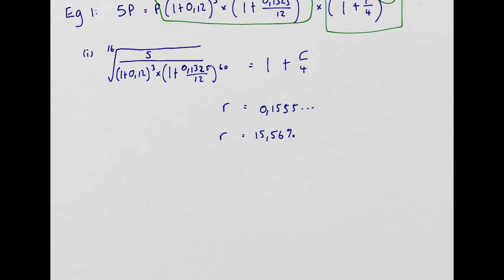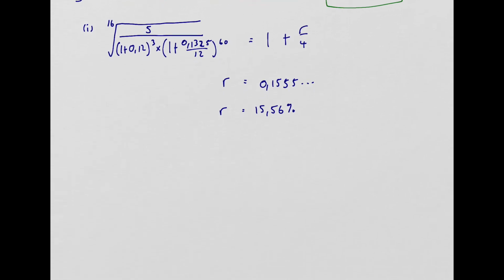Right, for question 2, they ask now what is the effective annual rate over the 12 years. The effective annual rate means that over the 12-year period, we now want to see what the rate is if it was compounded annually that would yield the same result. So that means we're still going to end up with 5 times our investment, but this time our rate is going to be an effective rate, so it'll be to the power of 12 because it's over 12 years.